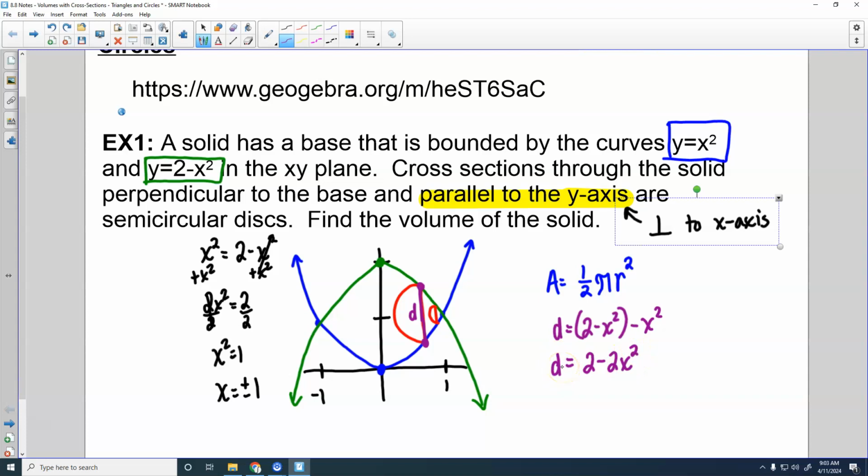Now, that is my diameter. That is not my radius. What do I have to do to that to get the radius? I got to divide it by 2. So my radius is going to be 2 minus 2x squared divided by 2, which we can do the love connection on here. We'll just get 1 minus x squared. That's my radius. So that radius can get plugged in up here for your r.